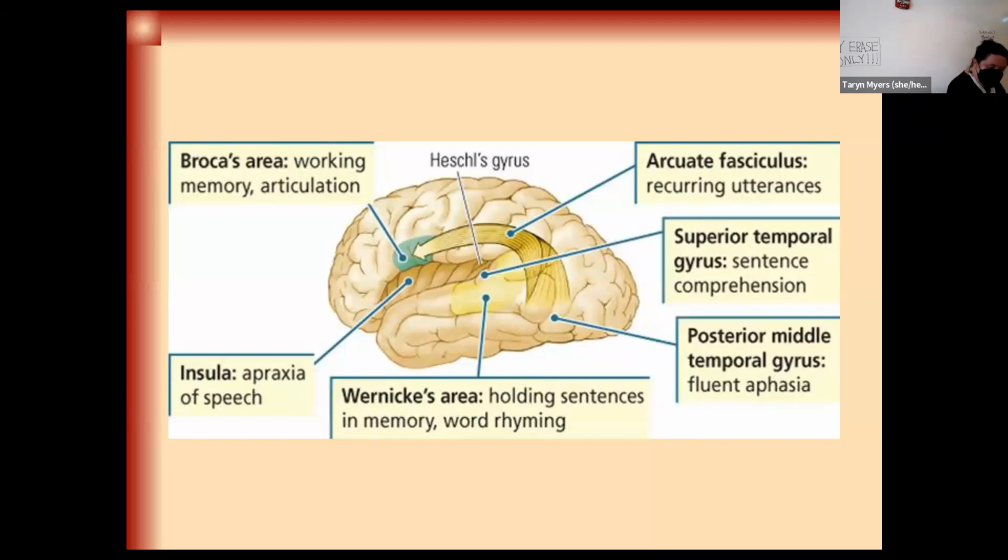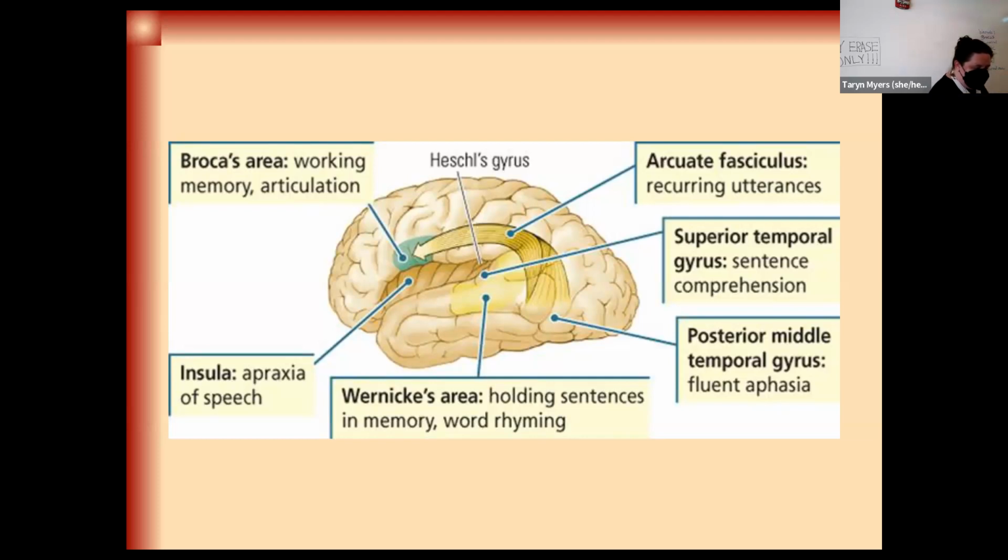So what they think happens here is kind of similar to what we were just talking about when Broca's and Wernicke's are separated in conduction aphasia. Here, what they think happens is that you get lesions near Broca's area. So not on Broca's area, but near it. And those separate Broca's area from the nearby cortical areas necessary for normal speech.